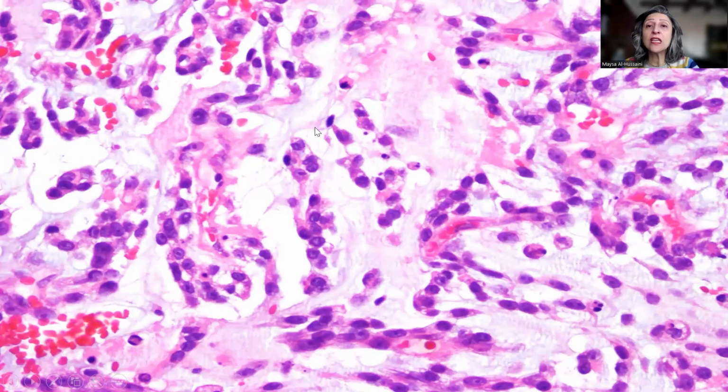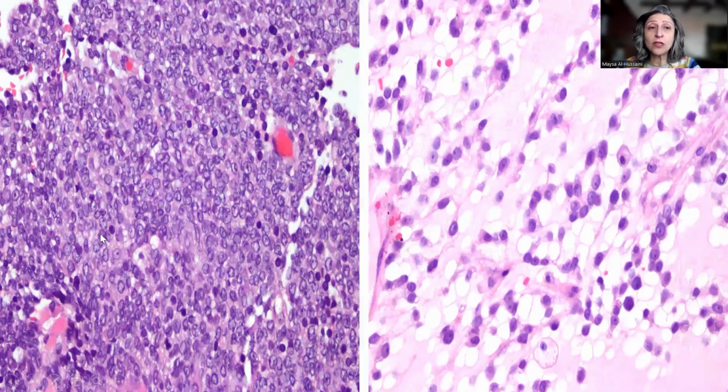I tried really to give you a feeling of the myxoidish appearance of the tumor cells, in order just to have this at the back of your mind. Whenever you encounter a similar case, always think of a granulosa cell tumor. So these are the two areas that we had, the solid cellular area and the more myxoid area.